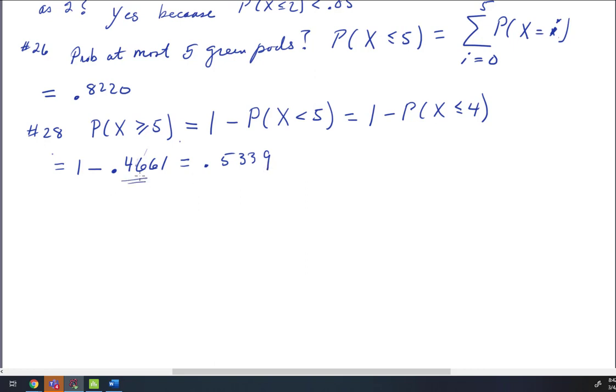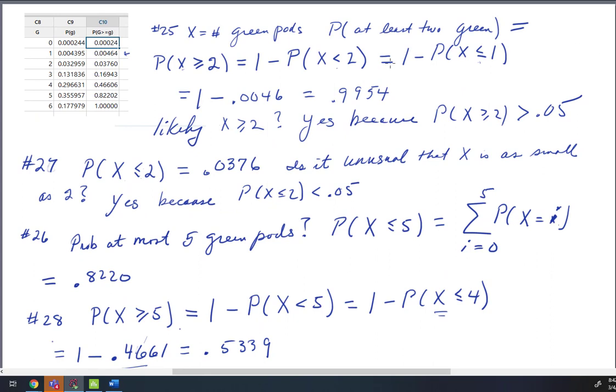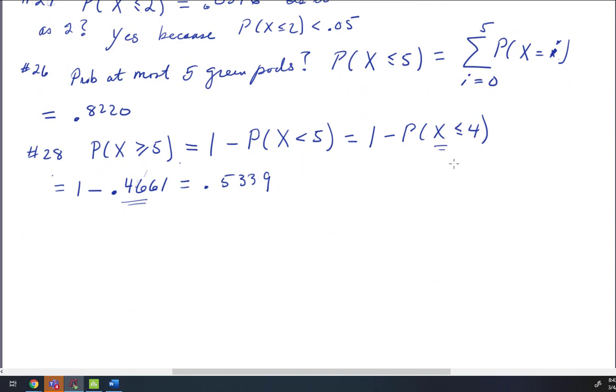Let's double check this. 0.4661 is the probability x is less than or equal to 4. Let's scroll up. 0.466, and I've rounded that, and that gives me 0.4661. So that's perfectly correct. All right. So that's the answer to problem 28.